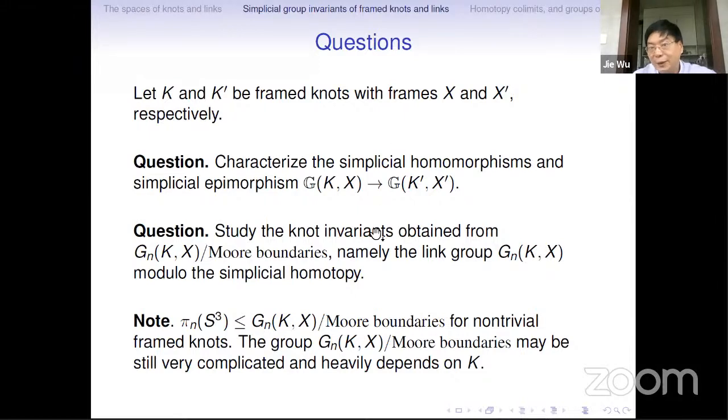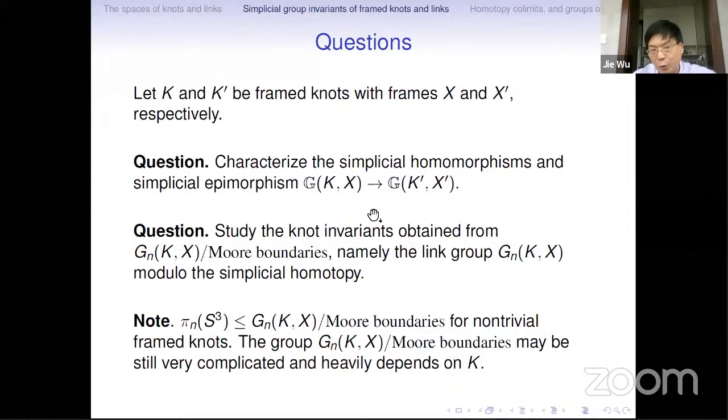If you look at the fringed knots, these homomorphisms will actually create simplicial homomorphisms, because everything is constructed in a very natural way. So there's some geometric construction. Geometric here means simplicial structure. So you can take something from algebraic topology and put it here to study simplicial homomorphisms.